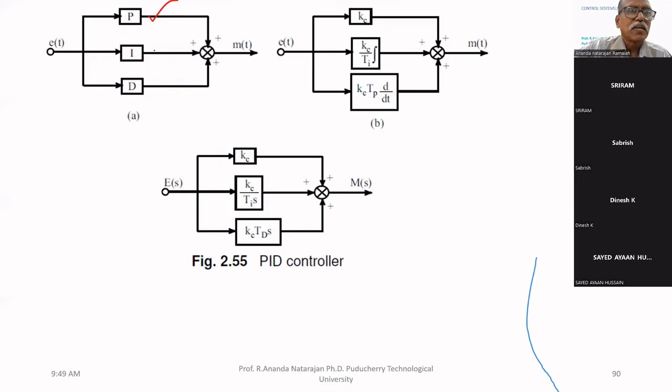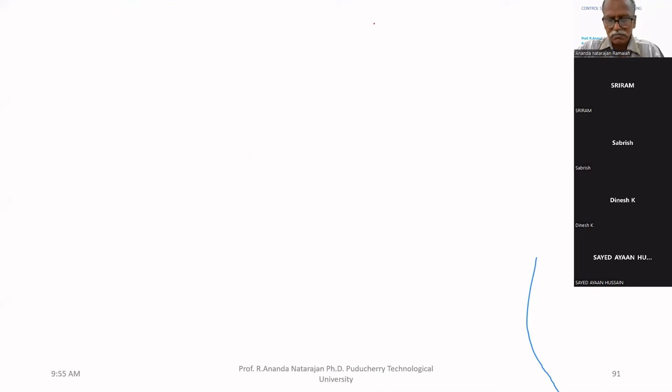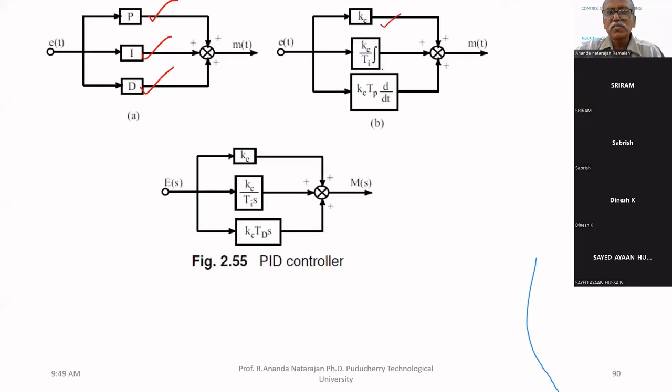This is for proportional, integral, derivative. Kc is for proportional, this is for integral, this is for derivative. The error is the input, and the output is given to system G of S.